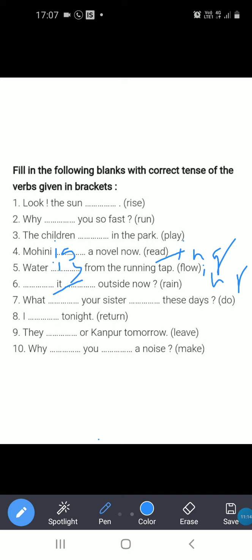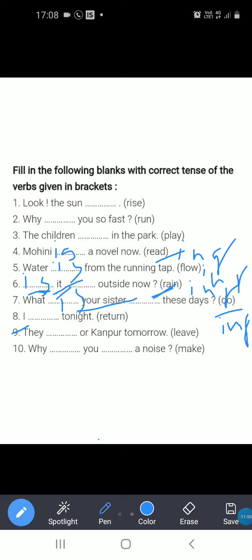Here, it is singular. So what will we add? The auxiliary verb will be there because this is a question. So we use is. It is a singular pronoun. Is it raining outside now? Here, your sister is singular, so we will write is. What is your sister doing these days?